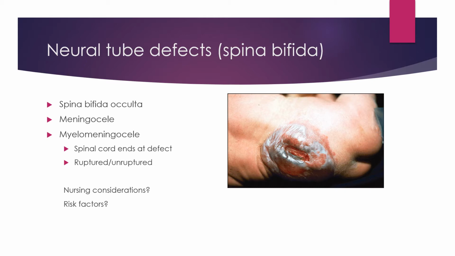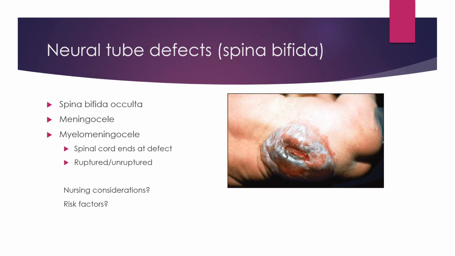Formerly called neural tube defects, we now call it spina bifida, and there were three degrees of severity. Spina bifida occulta is the most minor, meningocele is a moderate defect, and then myelomeningocele is the most severe.